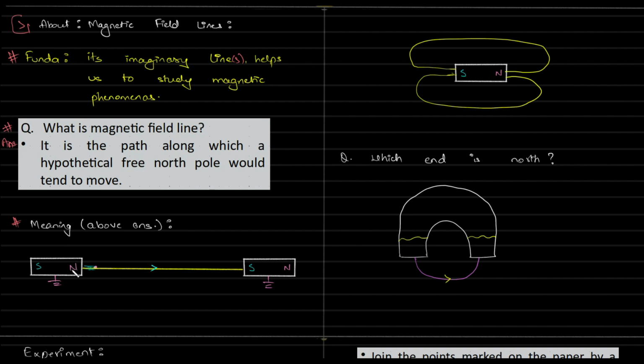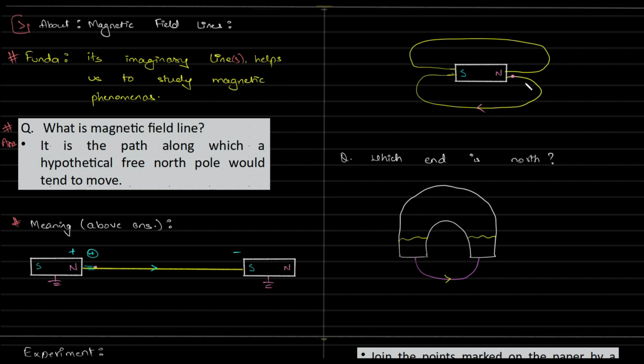If this was a positive end, and this was a positive test charge, and this was a negative end, which was fixed, the test charge would have run from the positive end to the negative end. Same way, right? Now, if I have a single bar magnet, if I happen to keep the free north pole over here, it would have taken this path, running from the north end to the south end.